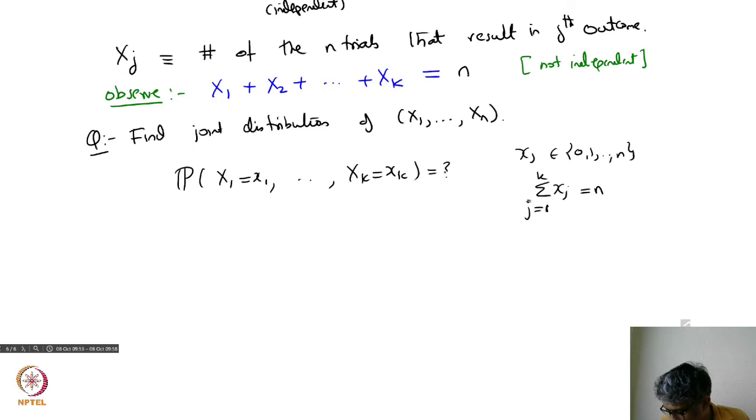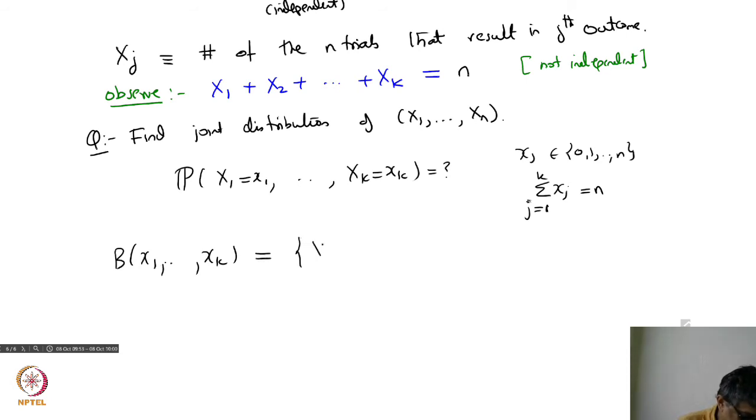So here the idea is the following. It's very easy. Let's look at the event B of x1 through xk. That means outcome 1 appeared x1 times, outcome 2 appeared x2 times. Let's define that as the event X1 equal to x1, through Xk equal to xk.